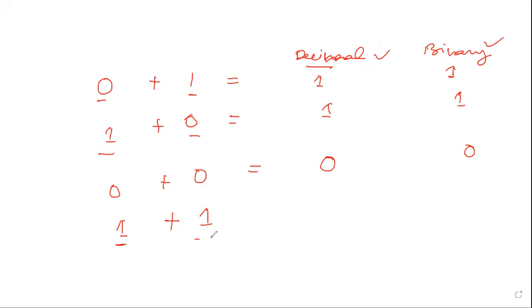Fourth case, when you are adding a 1 with a 1, then you will be getting a 2 here. When I add 1 along with another 1 in decimal, then I'll be getting a 2 here. Now in binary, I'll be getting an answer as 0 and a carry as 1. This is the result part. And this is the carry part.